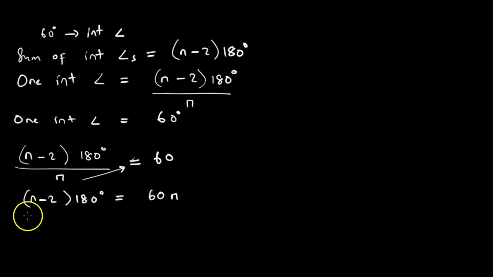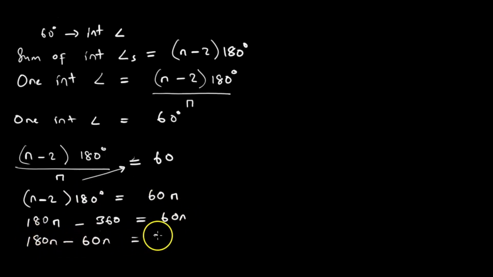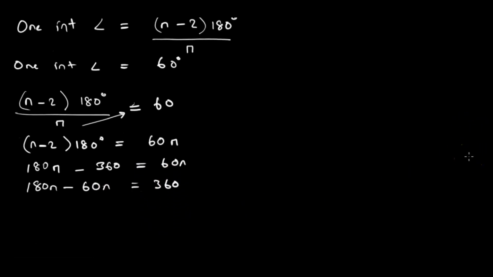Remember, let us expand this side, which is 180n minus 360 is equal to 60n. So 60n goes to that side: 180n minus 60n is equal to 360. What is 180 minus 60? So 180 minus 60 is 120.